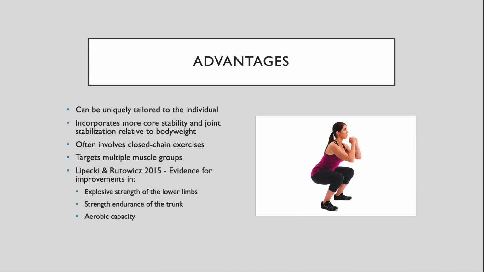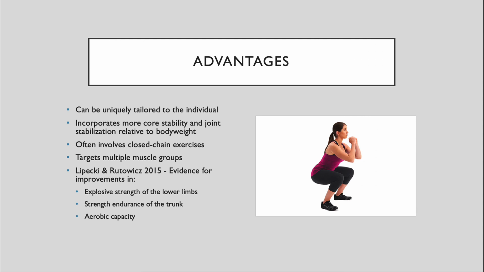Additionally, bodyweight training promotes elements of core stability and joint stabilization relative to an individual's body weight. This could also be beneficial in improving form and technique when performing other types of resistance training, or even just contribute to general fitness. Bodyweight training also frequently includes what are referred to as closed chain exercises.